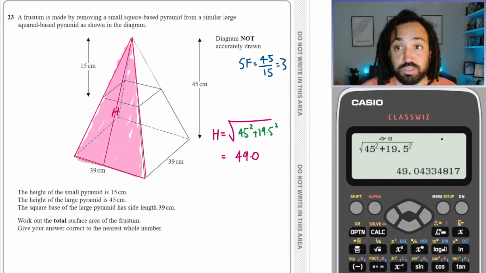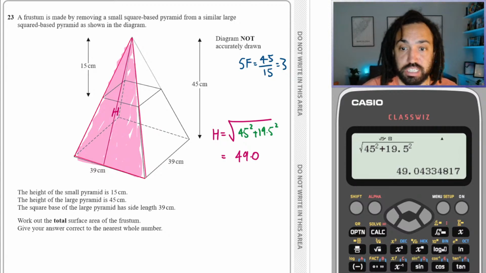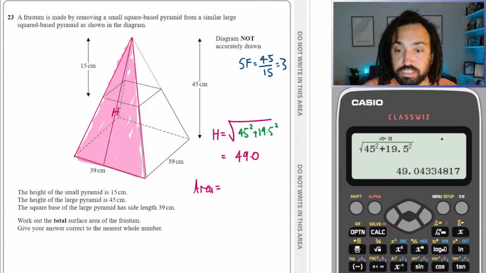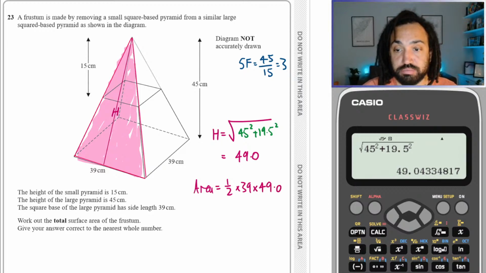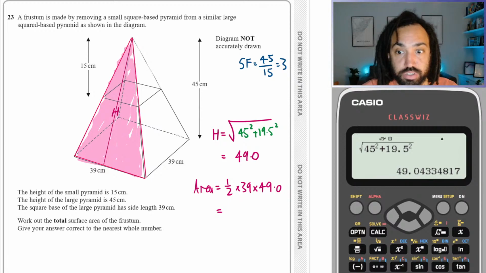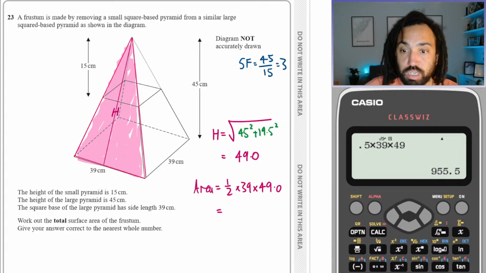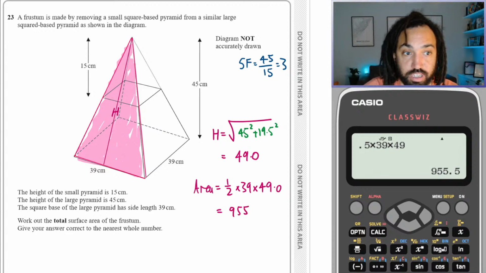And I know that's not what we're going to need straight away, but it's going to help. So this area is going to be a half of the base of that triangle, which is 39, times its height, which is 49. So we could do that calculation, a half times 39 times 49, and we get 955.5.